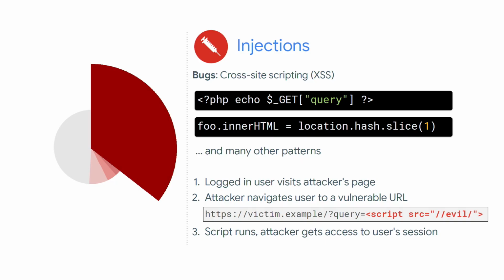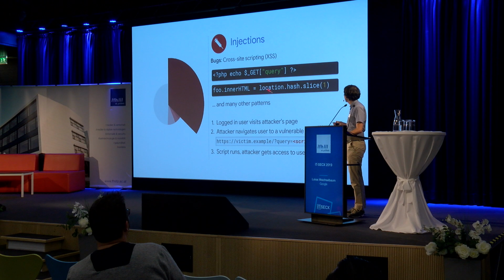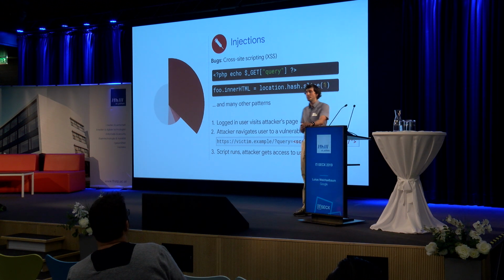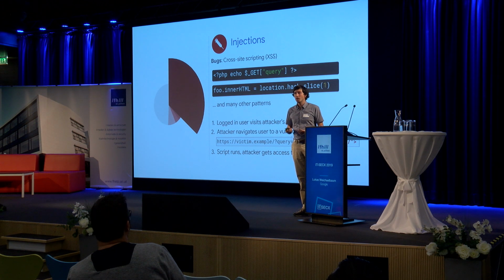So just a super quick recap. I guess many people in the audience know what cross-site scripting is. It's taking untrusted input, for example from a query parameter, and putting it back into the DOM. By that, an attacker can execute scripts in the context of a user.